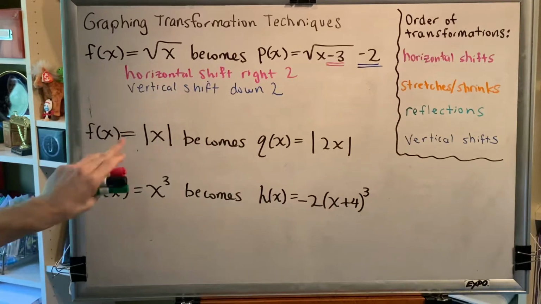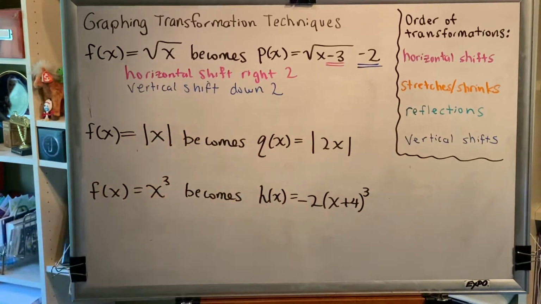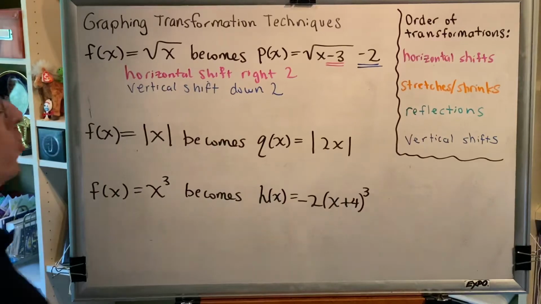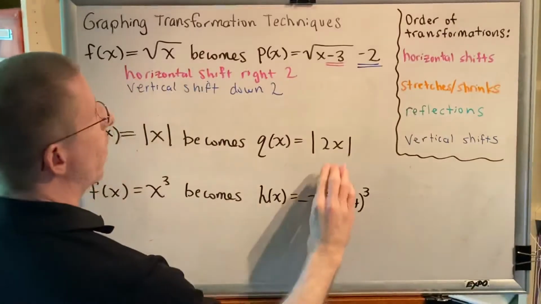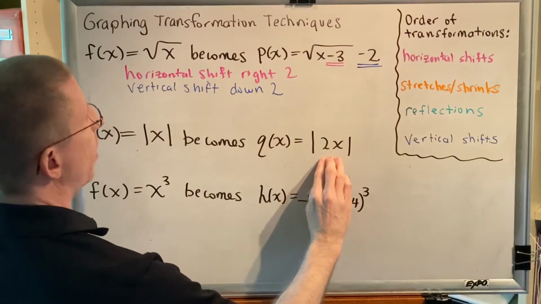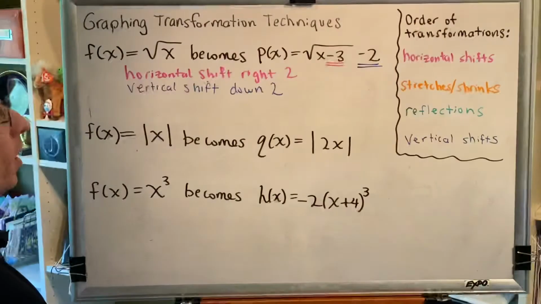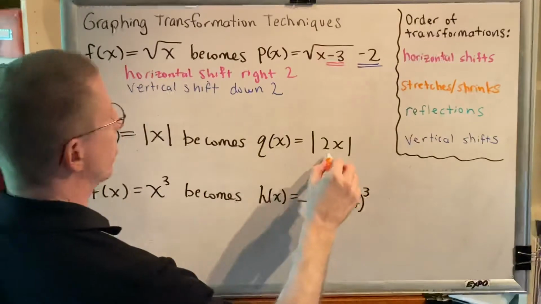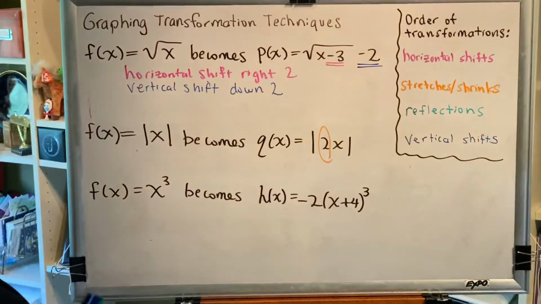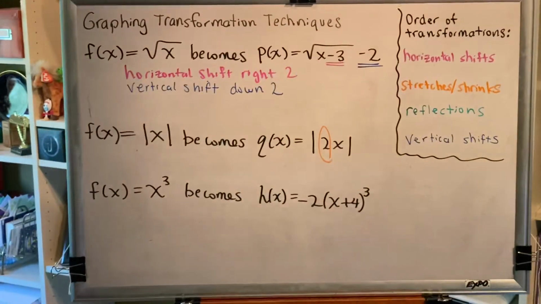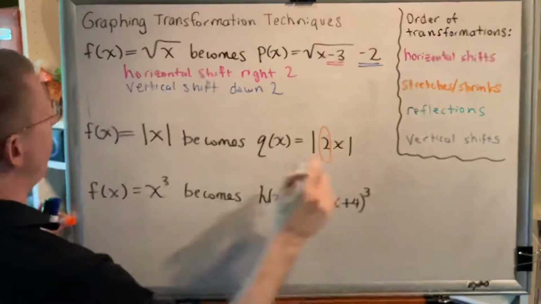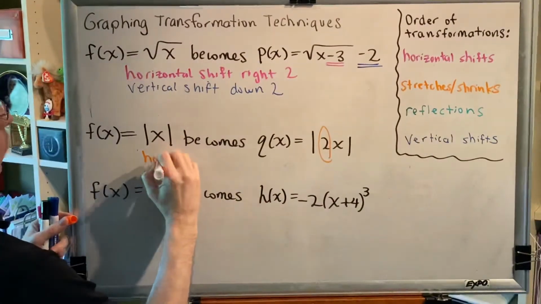Okay, next one. When this becomes this, what's the transformation? So, do we have any horizontal shifting? Do we have any adding or subtracting inside close to x? No. Do we have any stretching or shrinking? Do we have any multiplication by a positive number? Yes. That right there represents some sort of stretch or shrink. Now, it's inside close to x, which makes it horizontal.